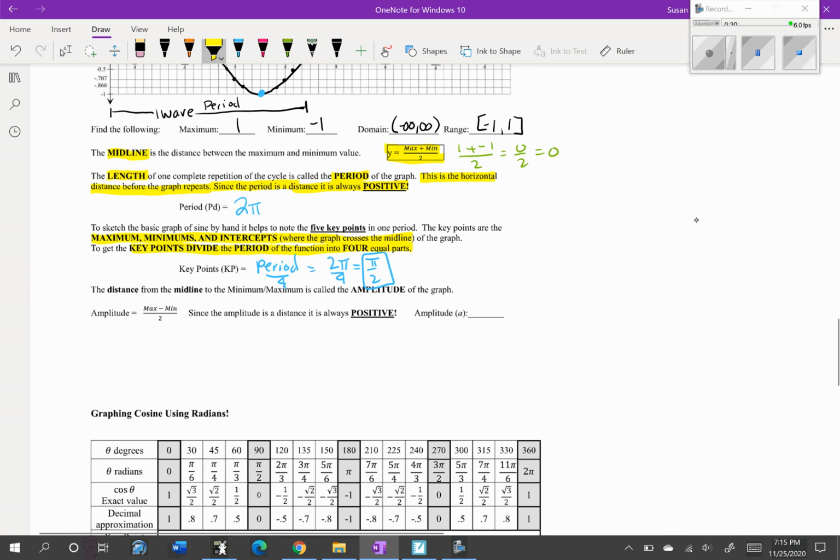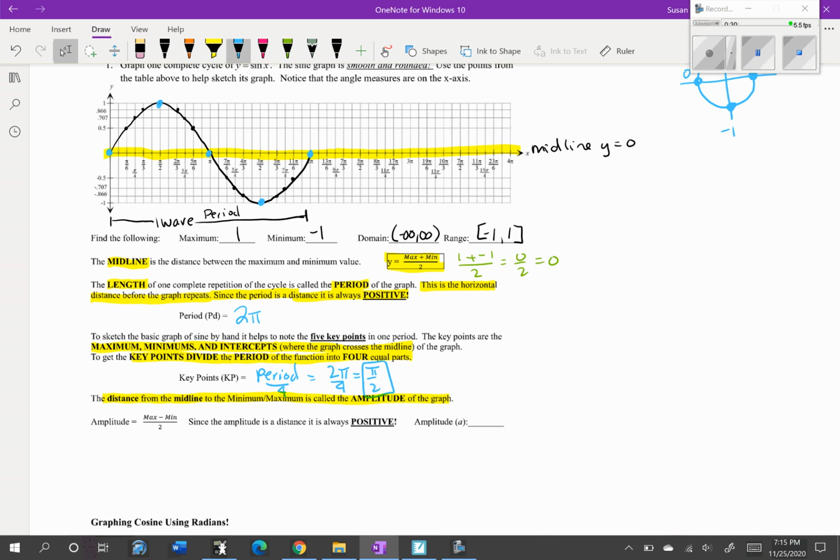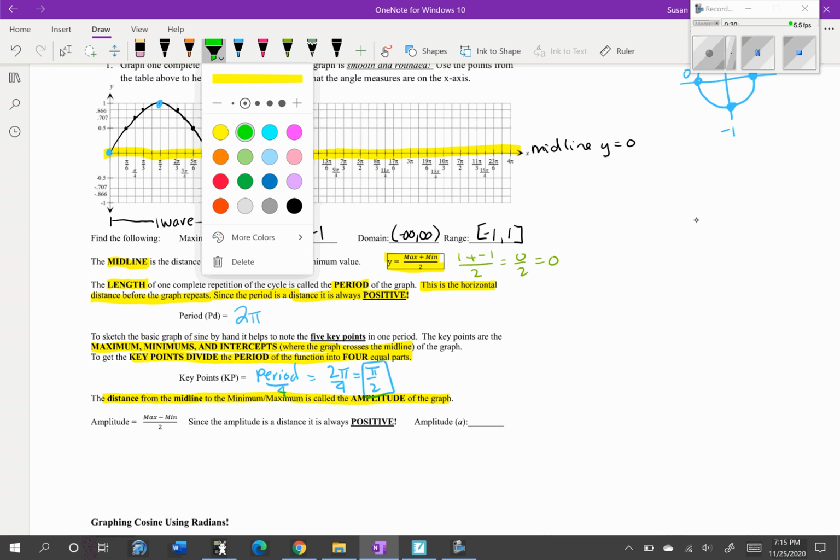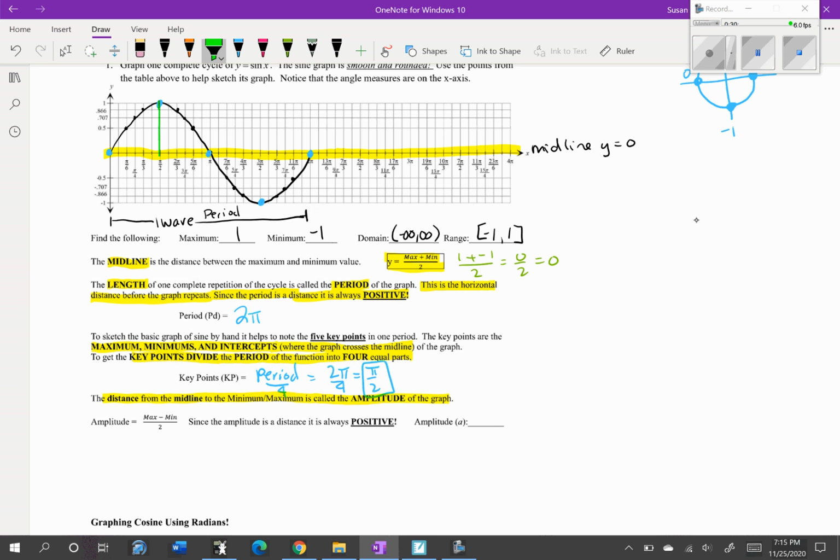The distance from the midline to the maximum or minimum is called the amplitude of the graph. So if I look from here to here, or from here to here, that is called, again, the amplitude.